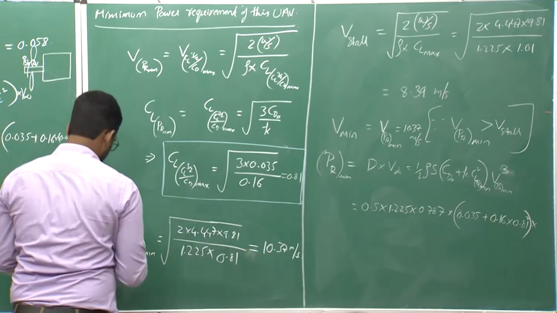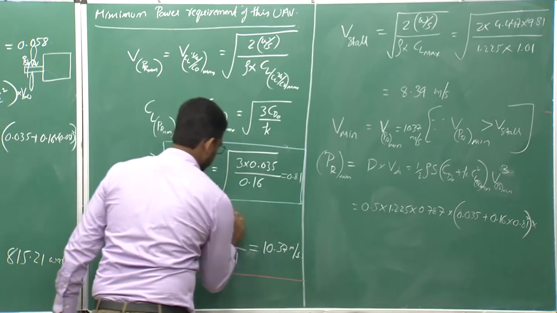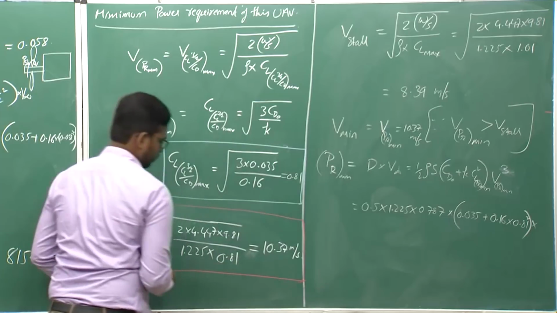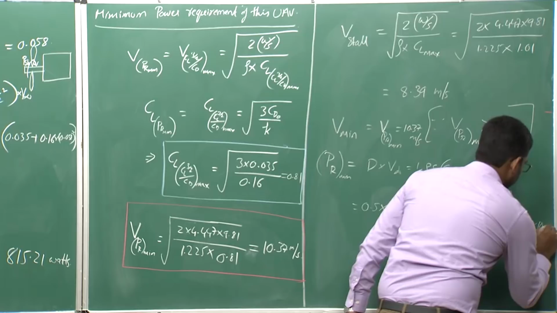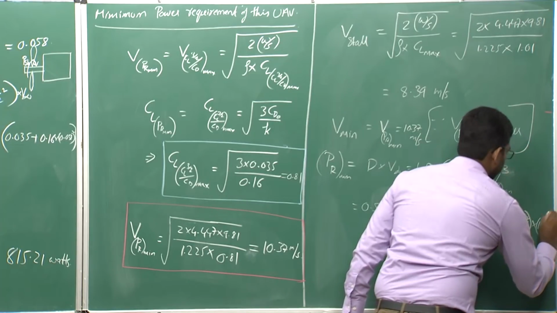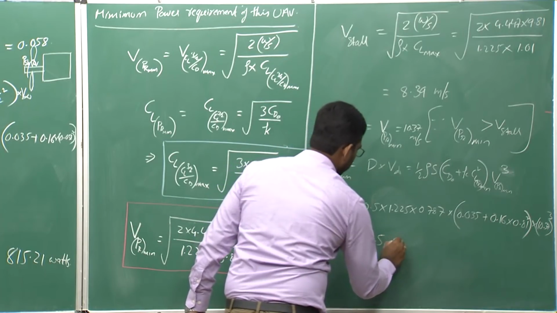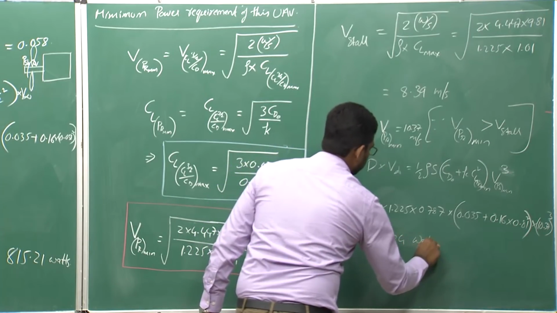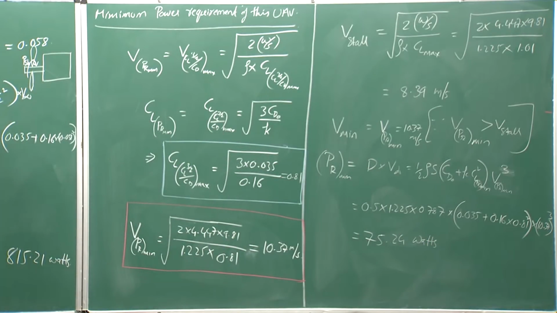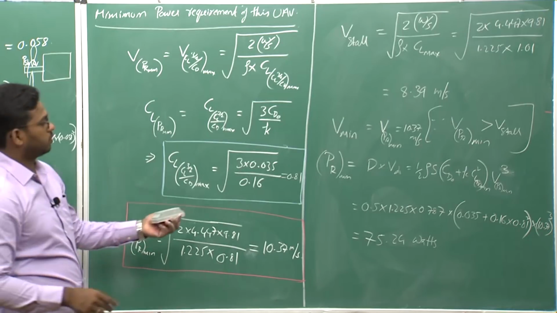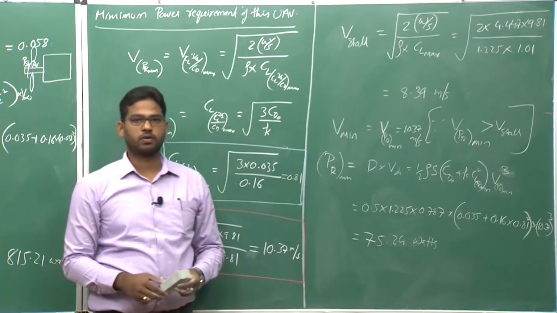This is the corresponding velocity for minimum power requirement. 10.37 cube, this equals 75.24 watts. See, for maximum velocity you need around 734 watts, and for minimum velocity condition you require 75 watts.